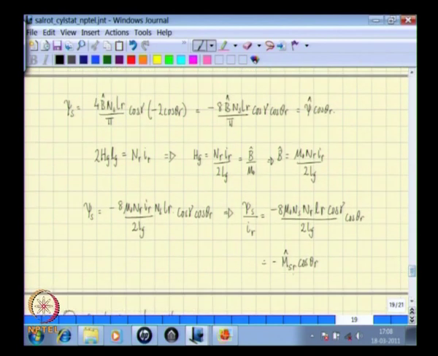So, this is then the mutual inductance between the stator and the rotor. We are considering only the fundamental component of that. So, we find that it changes as cosine of the angle.